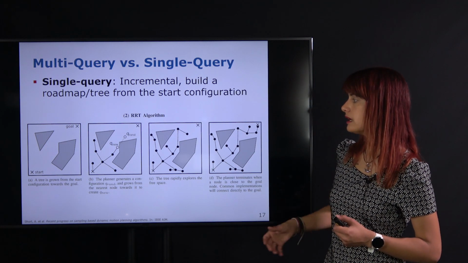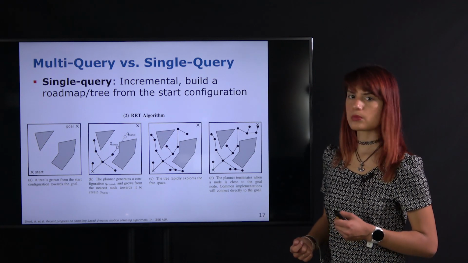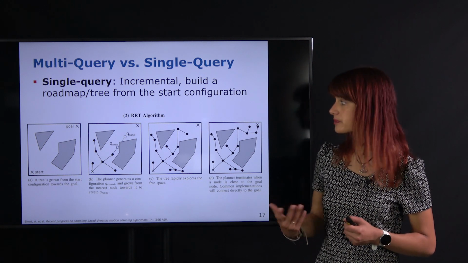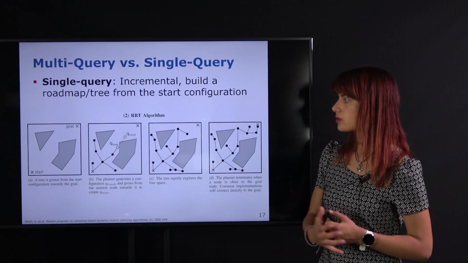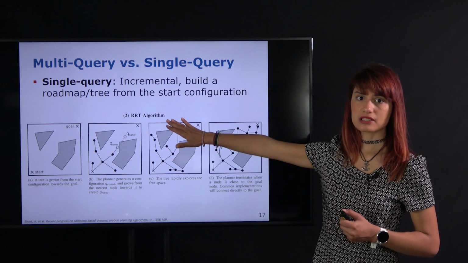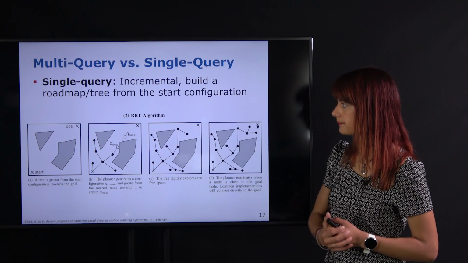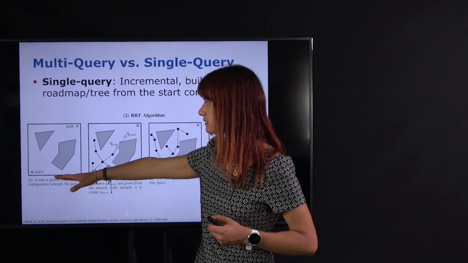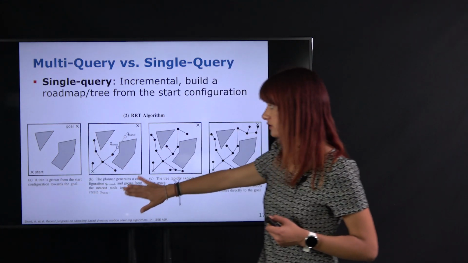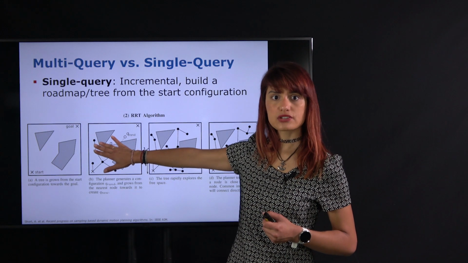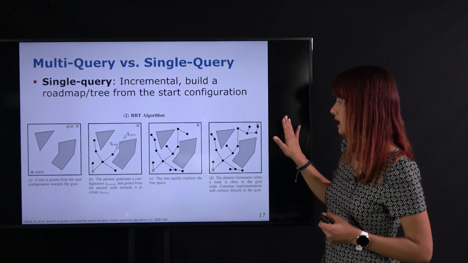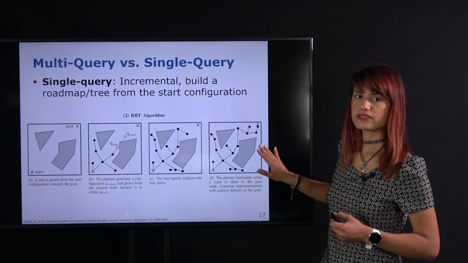And so here is again a very conceptual example of how this is done in one of the most popular single query algorithms, the rapidly exploring random tree. Again, we look at this one later, but just to understand that starting from the start, we sample, we add new branches, perform the collision checks, and then we stop where we find the goal.